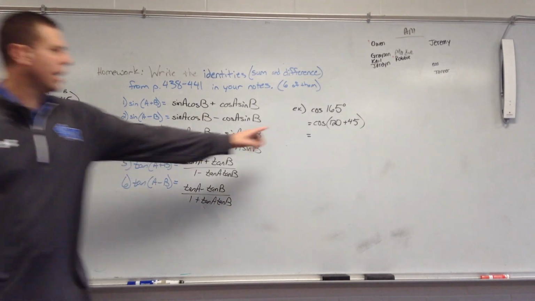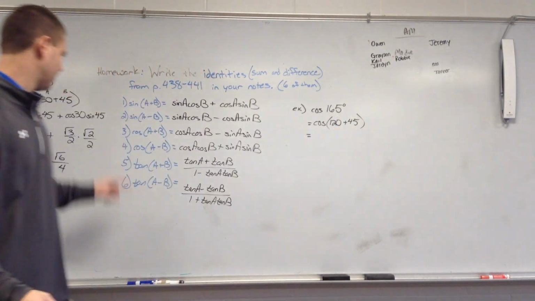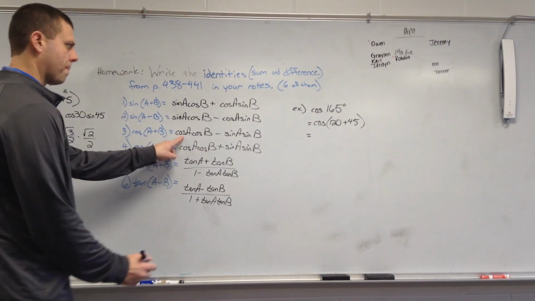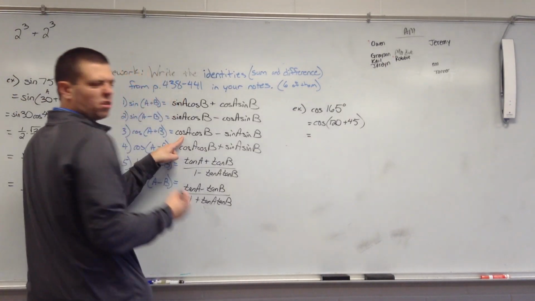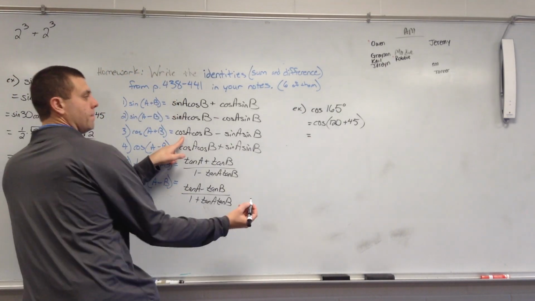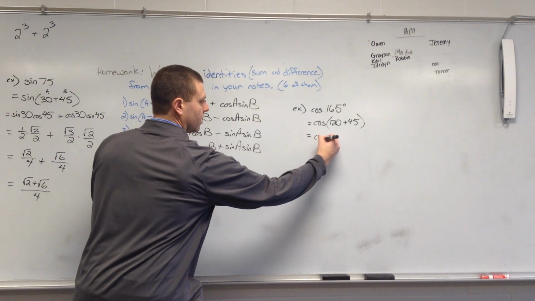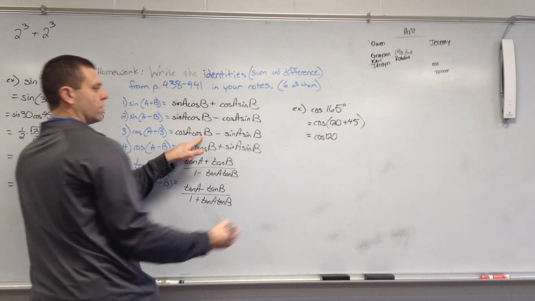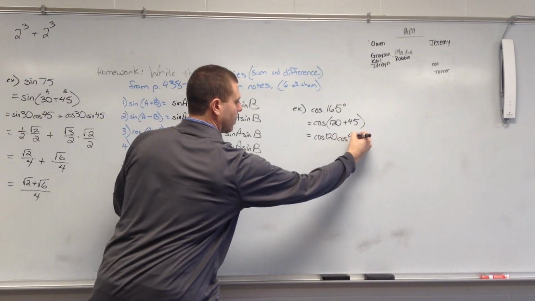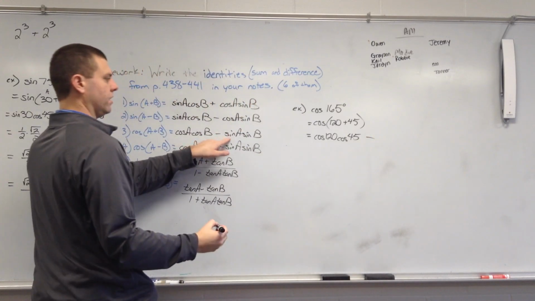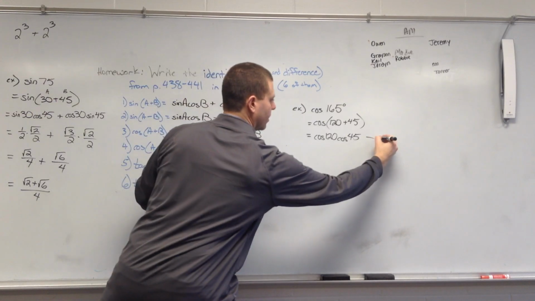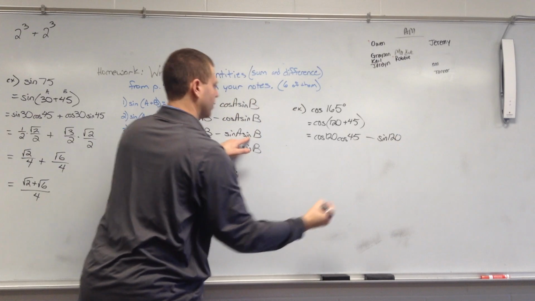Okay, so let's follow the rule. I've got the cosine of A plus B, right? So what am I going to write? Cosine A times cosine B, but you go ahead and use the angles that are in here. Cosine 120 times cosine 45, minus sine 120 times sine 45.